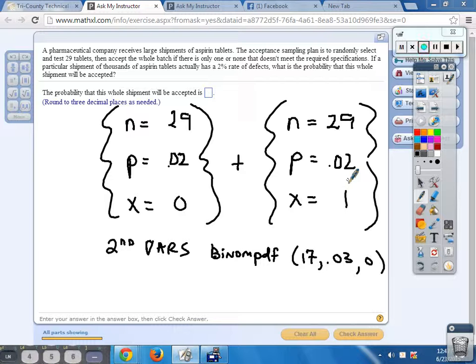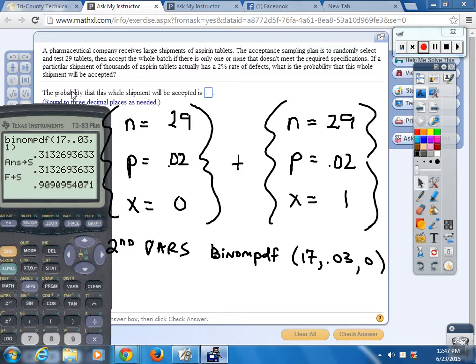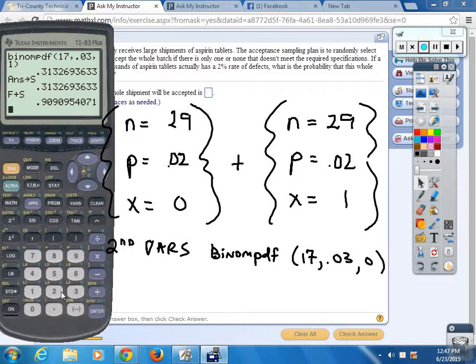Now you do the same thing. Get your handy dandy calculator out. Clear. Second entry. And this is just if you want to use the second entry. 29, 0.02, and 0. I got 0.5566.